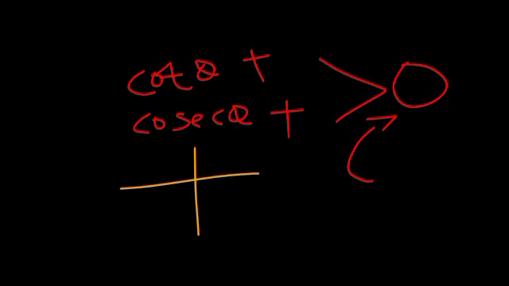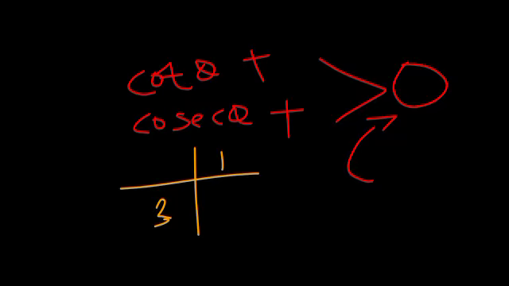So cot theta, I said it is related to what? It is related to tan because it is the reciprocal of tan theta. And tan theta is positive in the first quadrant and in the third quadrant. And cosec theta is positive in, so cosec theta is related to which one?